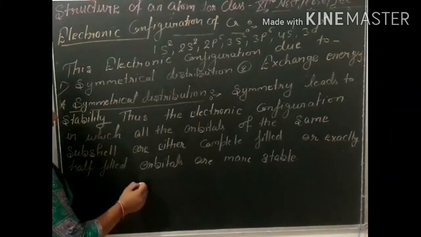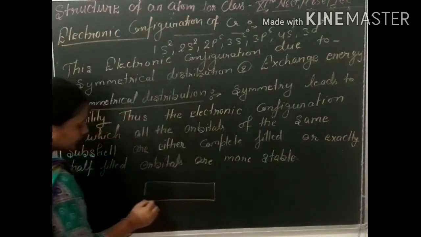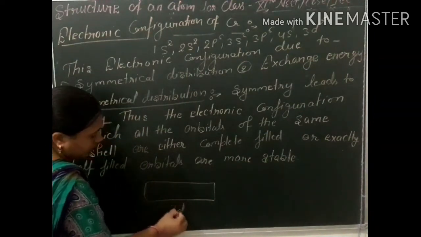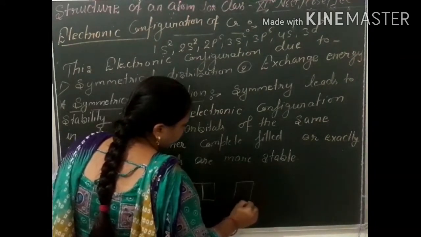For example, now the last electron is 3d5 and 4s1. Now this is the 3d, here 1, 2, 3, 4, 5, and this is the 4s.